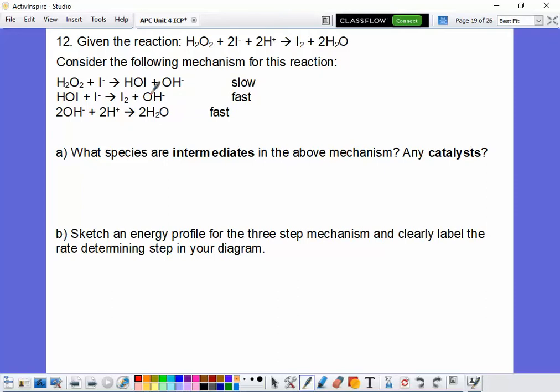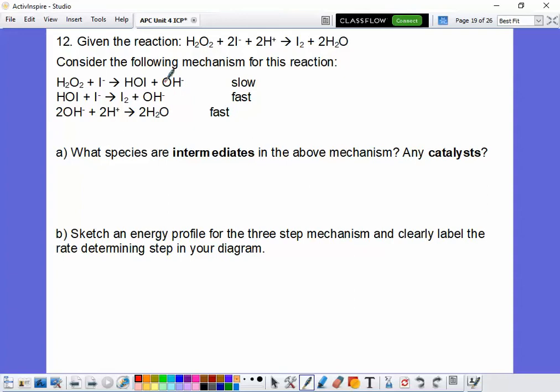And then in the third step, those two hydroxide ions that were produced in the first two steps react with the two hydrogen ions that are in the reaction flask, forming two water molecules. Okay? So this is a three-step mechanism. This will add up to the overall equation, to the overall reaction. So this is the overall reaction that's occurring, but it's occurring in three steps.